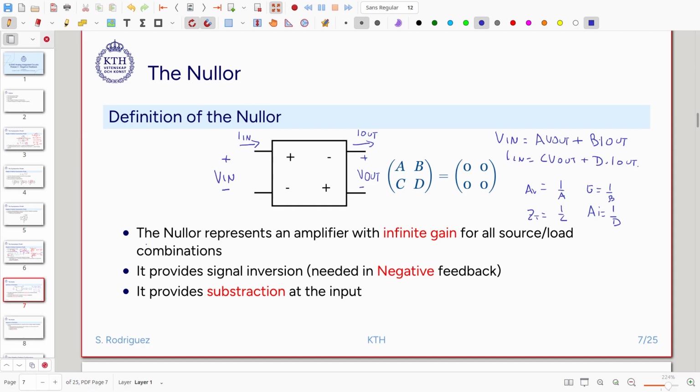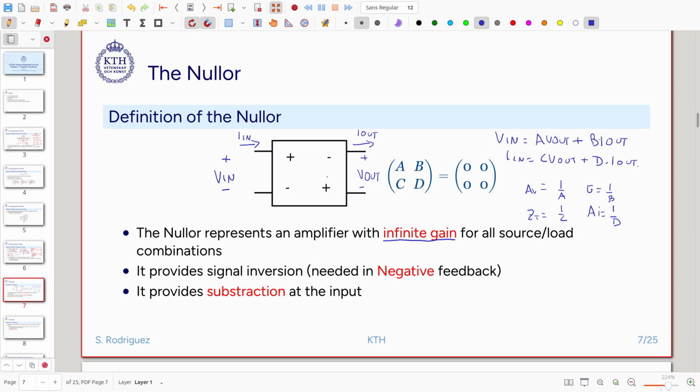The first one we have just discussed. The nullor has infinite gain in all parameters, ABCD, for all source and load combinations. So that is the first property. Second, it provides signal inversion. So you see, I have put at the input plus minus and at the output minus plus.